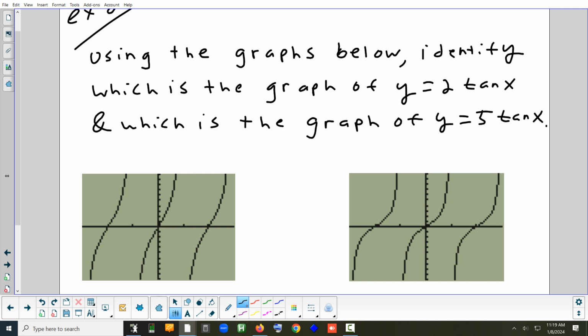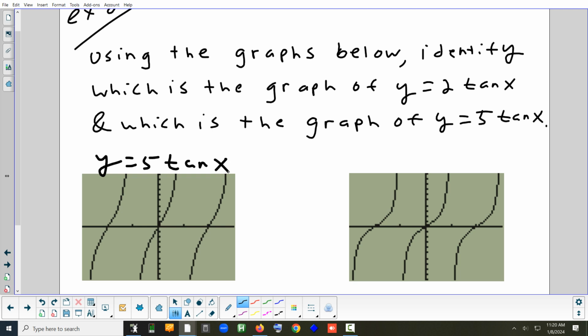I think the one to the left is y equals 5 tangent x, and the one on the right is y equals 2 tangent x, because if you have a very big number to the left of the tangent or cotangent, it's going to stretch it. Like if it was y equals 100 tangent x, it would be very stretched out.